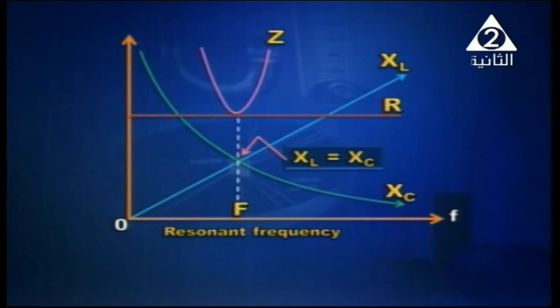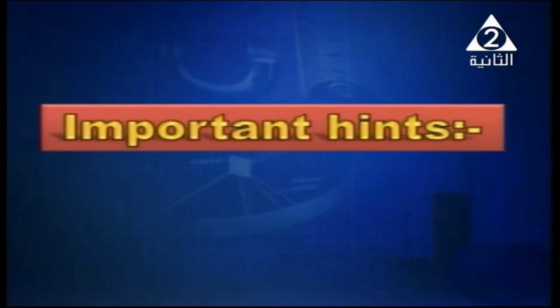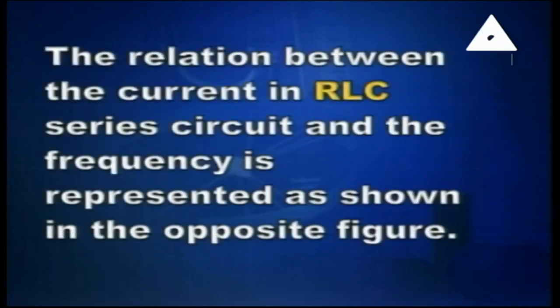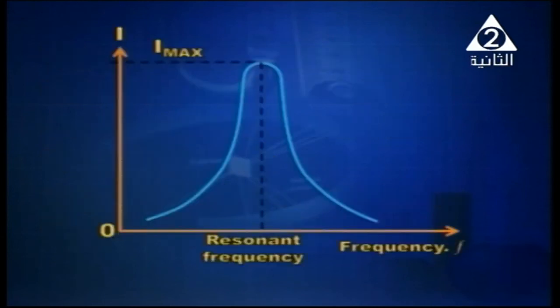And now we've got important hints. The relation between current in the RLC series circuit and frequency is represented by a graph which is completely the opposite of the previous one. So this is the graph that shows the relation between current and frequency.